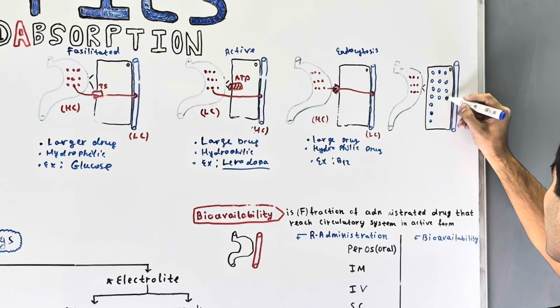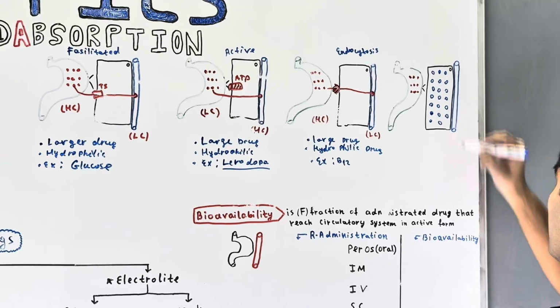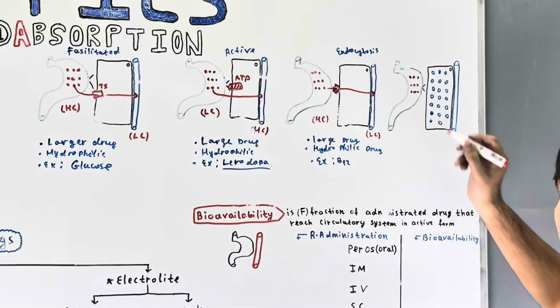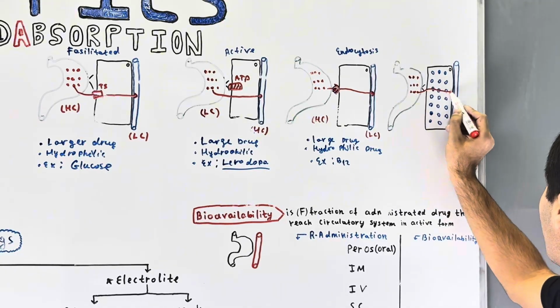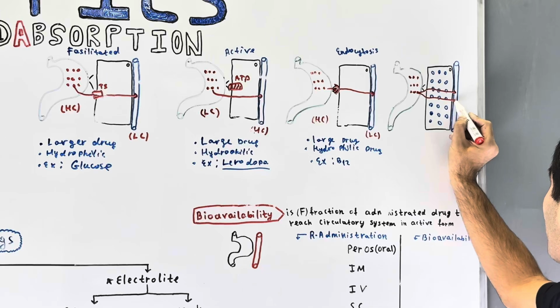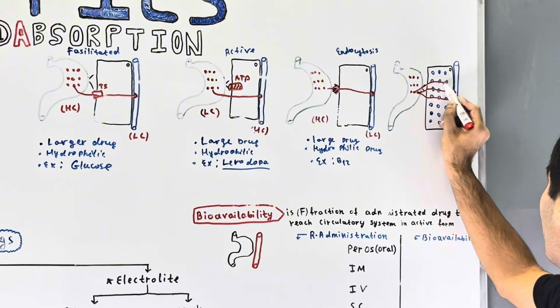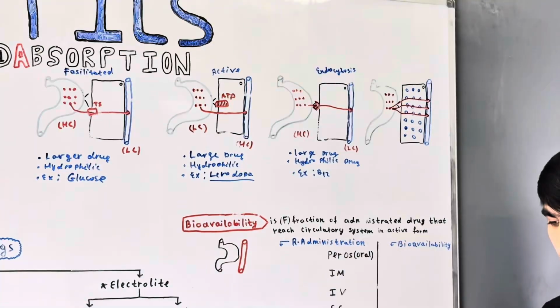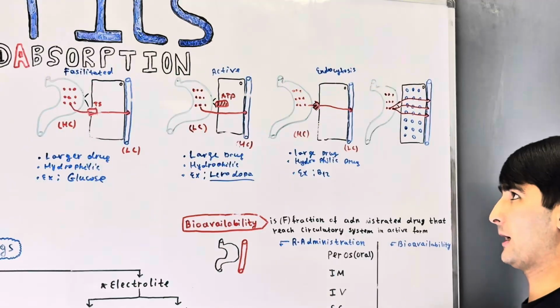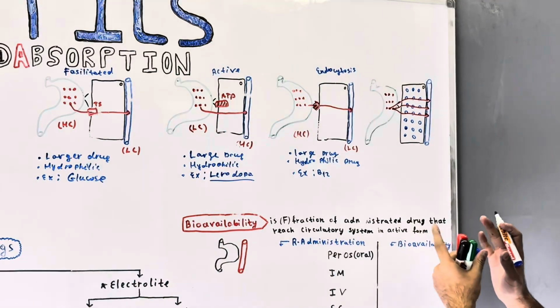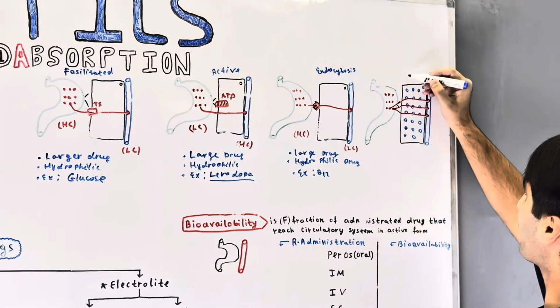Through these pores the drug can be easily transferred to the blood circulation. They can be easily absorbed. So what is the name of this type of absorption? This type of mechanism is called filtration.